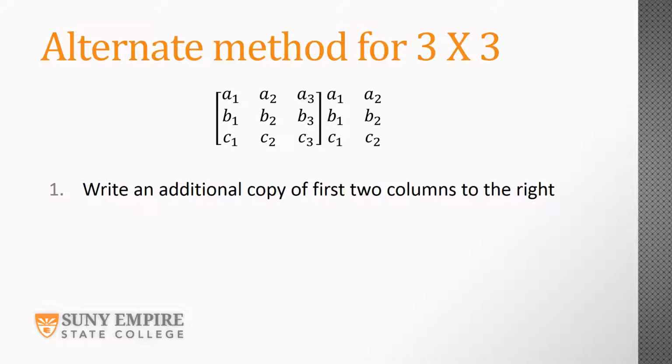We will have A sub 1, A sub 2, A sub 3, A sub 1, and A sub 2, then B sub 1, B sub 2, B sub 3, B sub 1, and B sub 2, then C sub 1, C sub 2, and C sub 3, C sub 1, and C sub 2.